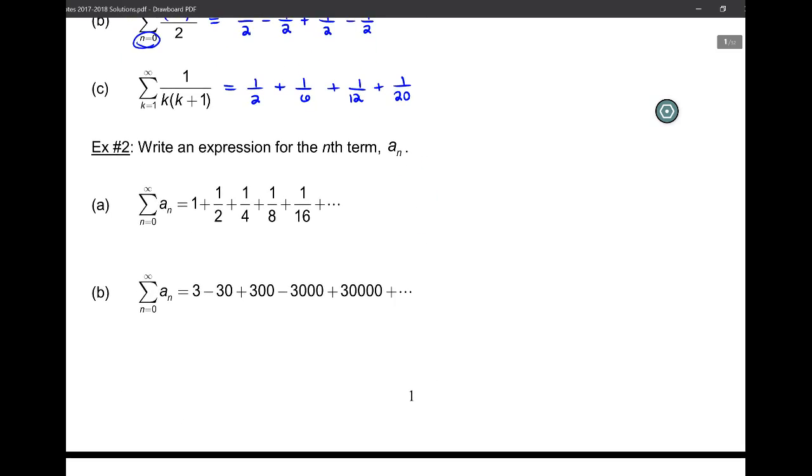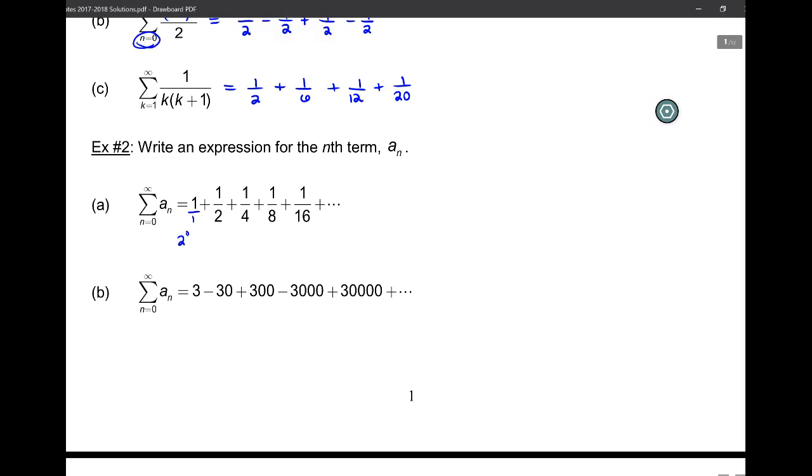The next one, we want to work backwards. Given the series, we want to come up with the expression for the nth term, a sub n. Basically what you want to look for is a pattern. Well, the numerator is staying 1. But the denominator is 2, 4, 8, 16. These are all powers of 2.